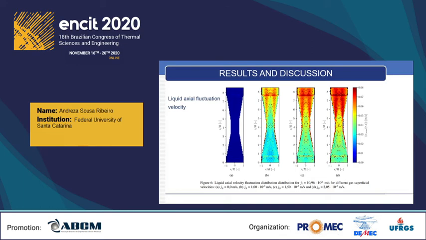Such phenomena happens because the liquid recirculations at the divergent section result in a region of pronounced shear, which increases the production of turbulent kinetic energy.